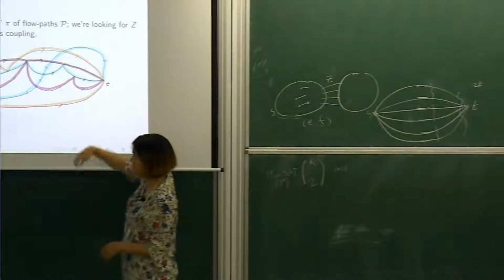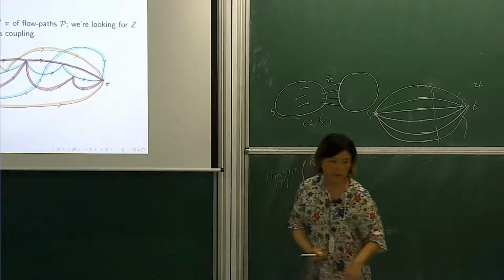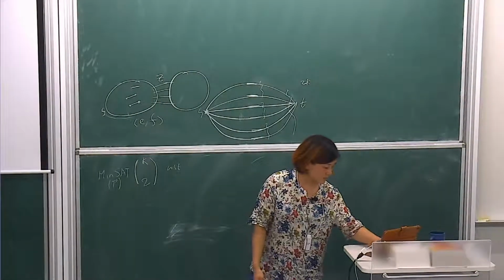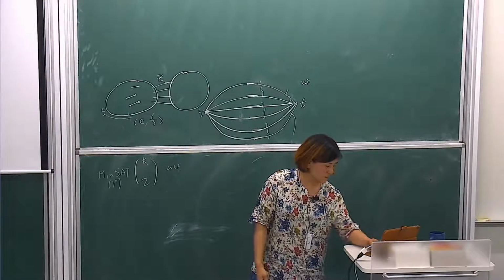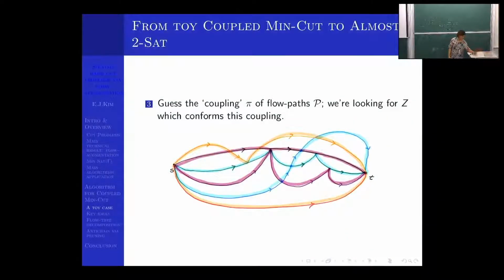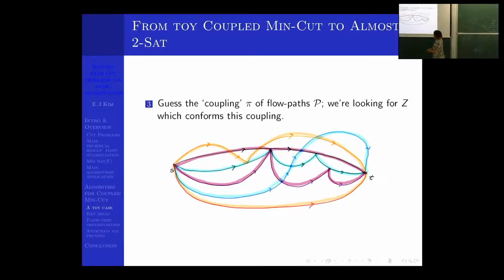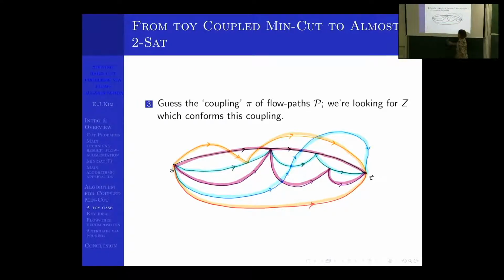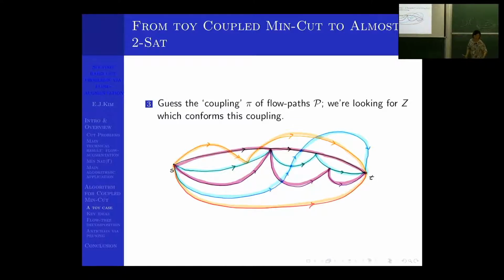So we first guess it. Suppose that this guessing is correct. After guessing this, we can eliminate some obvious non-options.